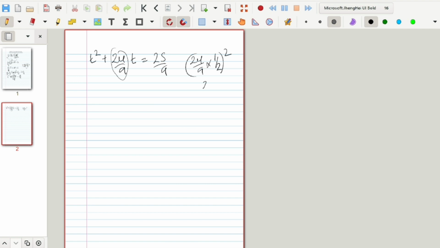That's 2u times 1, 2u, 2 times a is 2a, and then we have all squared. We can cancel out the 2's and be left with u over a all squared.